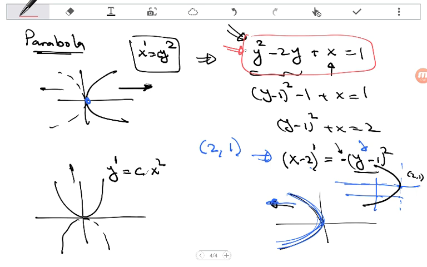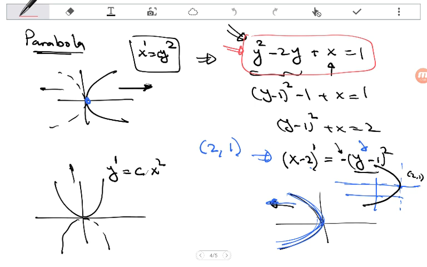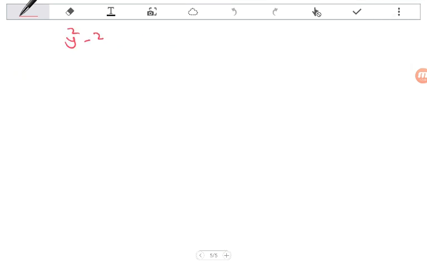Okay, another way to graph this function, y squared minus 2y plus x equals 1, is to put x on one side and all the other terms on the other side.